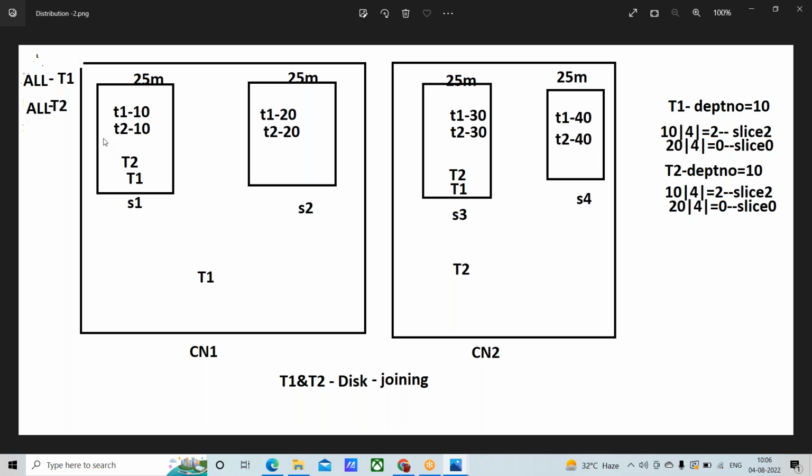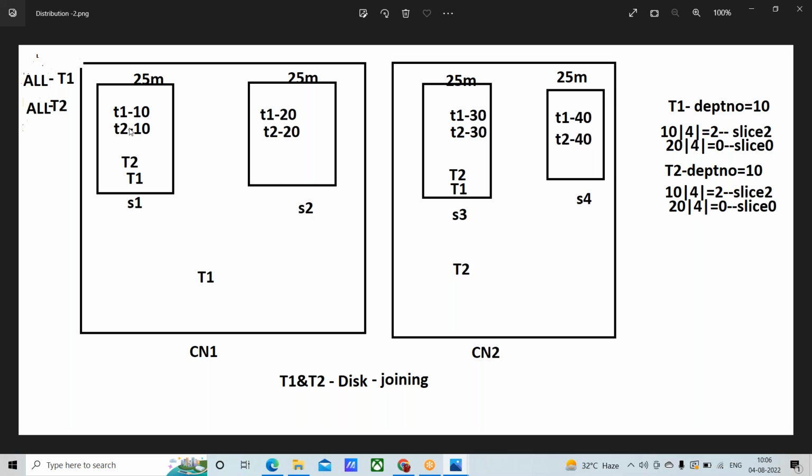Do you think the join will happen in all 10 nodes in case of ALL and ALL? Both the tables are present in one node only, right? So it will do the join at one place. That's all. No need to join in every node. Got it? Got it.